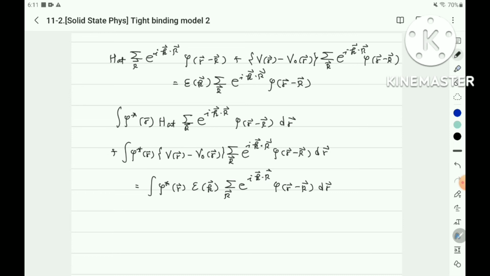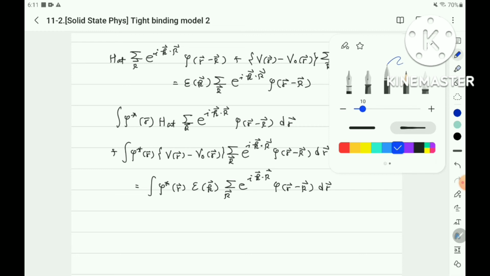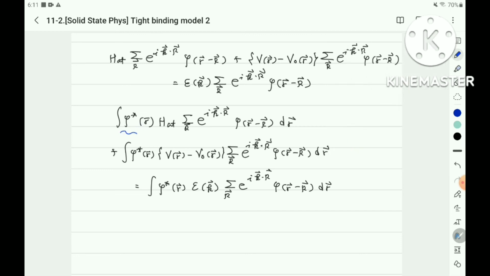Here, as I said, this atomic Hamiltonian term only survives at the on-site potential, because the integral with the nearest neighbor is very small. It only survives at R equal to 0, on-site. In the other integrals, the nearest neighbor interaction is very small.